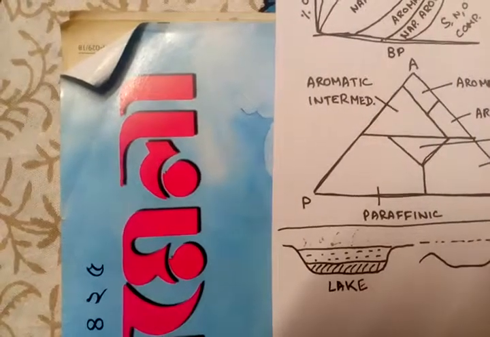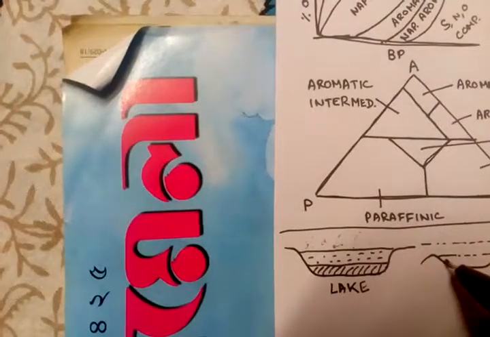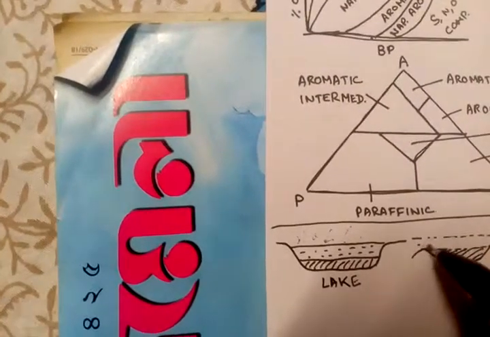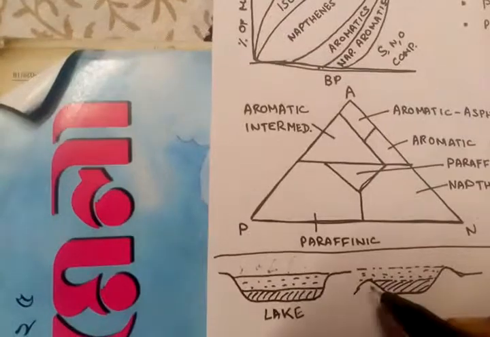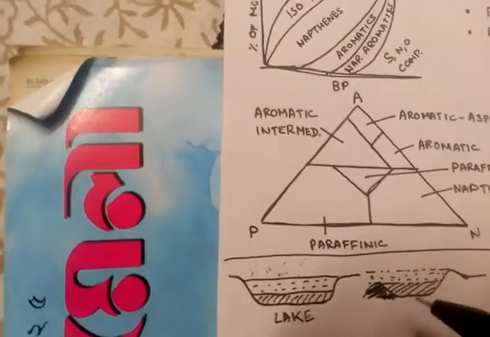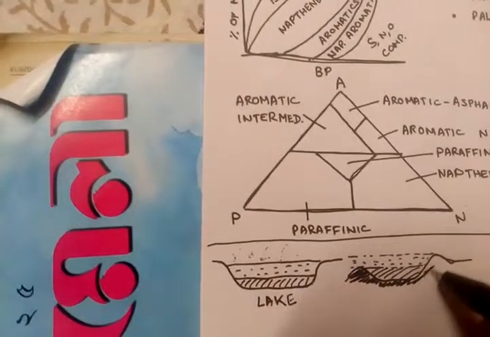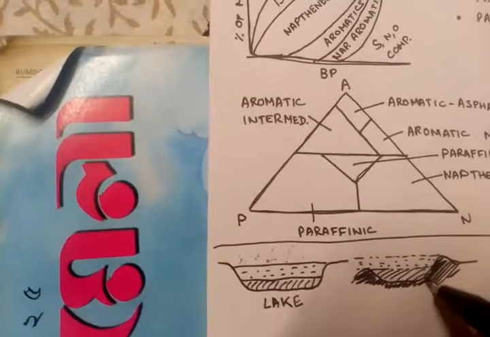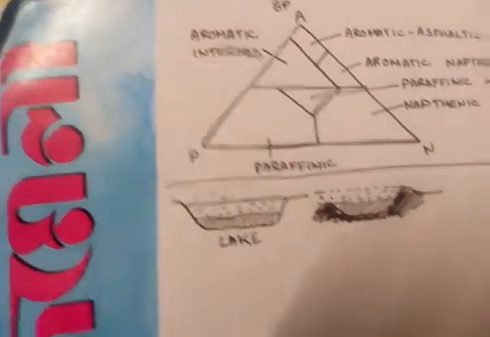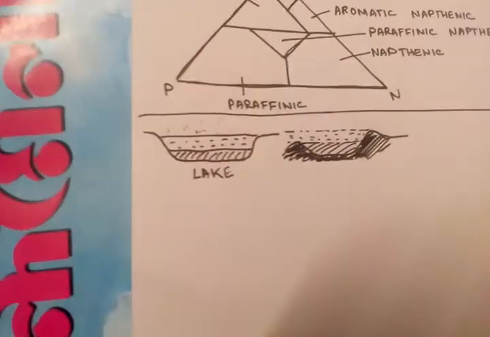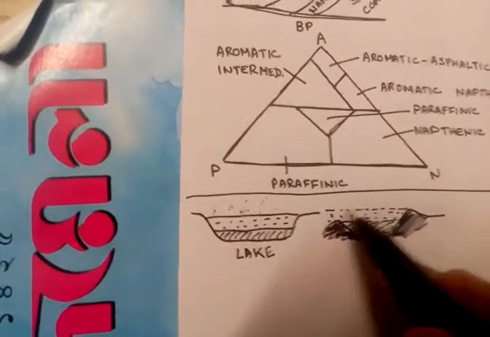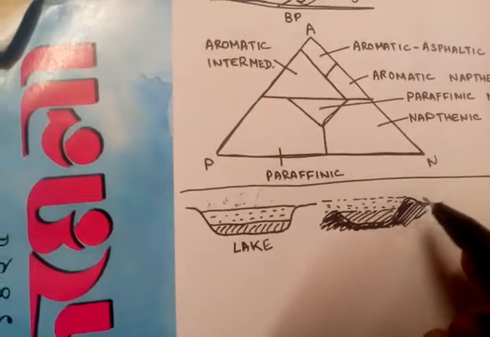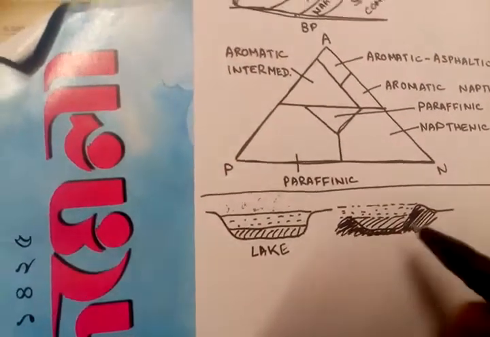Okay, so this is basically a barred basin. Okay, what happens? This is basically a lagoonal setting. The water enters into this part, floods this particular lagoon, and the water leaves in a low tide.